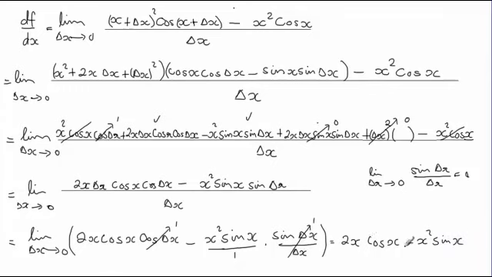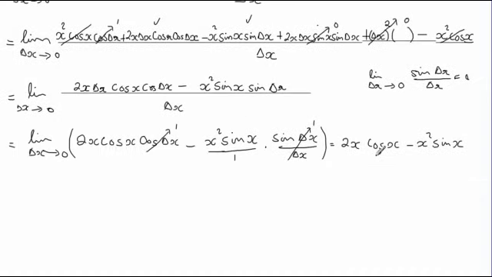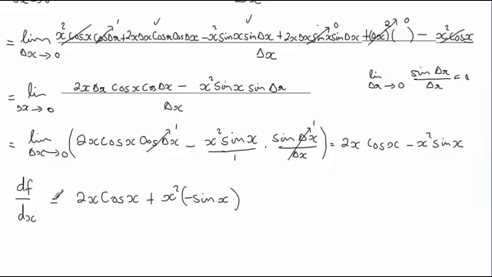But I would like to write this expression in a more suggestive way. The derivative of f with respect to x equals 2x cosine x plus x squared in brackets minus sine x. I'm writing it this way so you can see what I would like you to see very clearly.